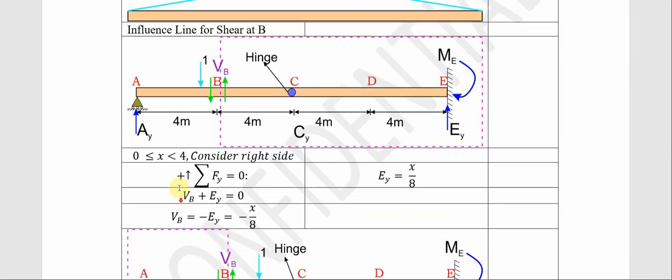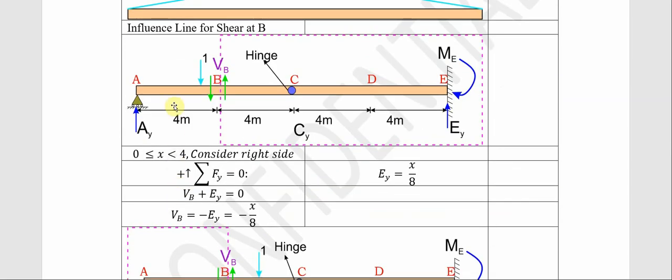What is the shear force? If we are summing forces along the Y axis to be equal to 0, that is along the vertical component. Now, I told you the other time that when I'm putting the load here, we consider this segment. For this instance we are putting the load here, so we are bothered about this segment. If we want to take the shear force at this point, we have VB pointing upward and EY pointing upward.